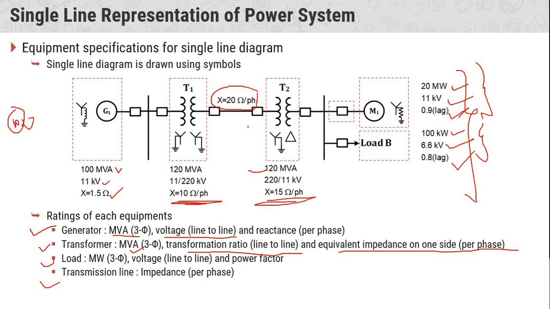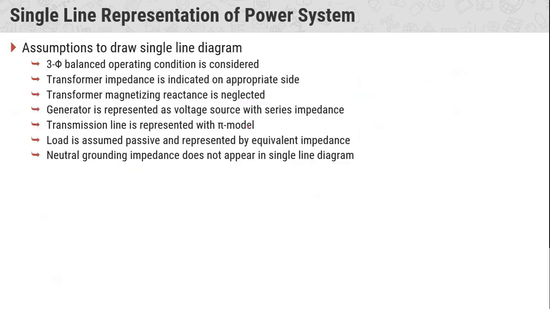For the transformer: MVA 3-phase, transformation ratio line to line and equivalent impedance on one side per phase. For the load: megawatt 3-phase, voltage line to line and a power factor. And for the transmission line we require the impedance per phase.